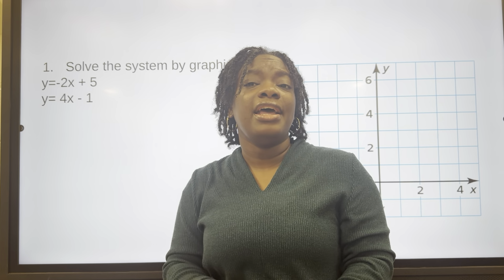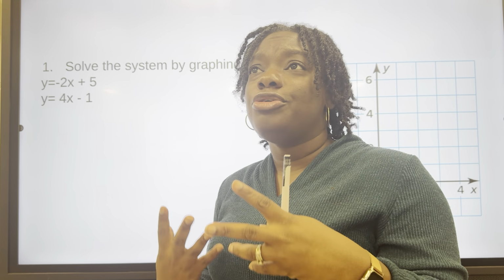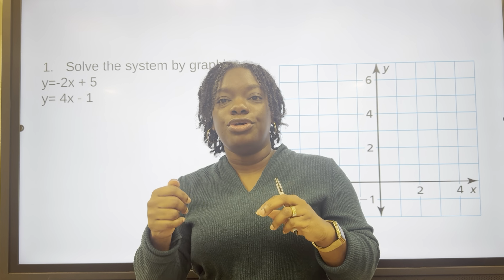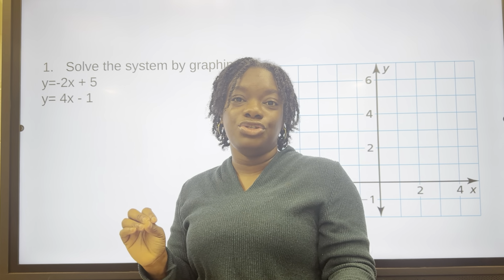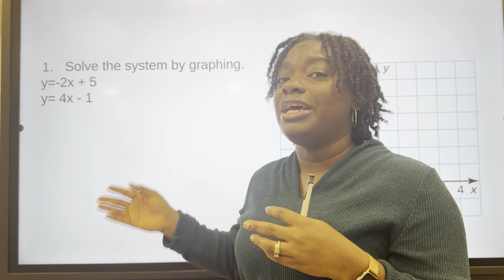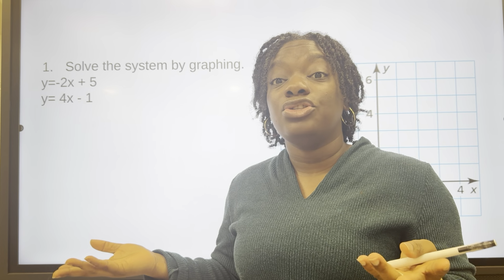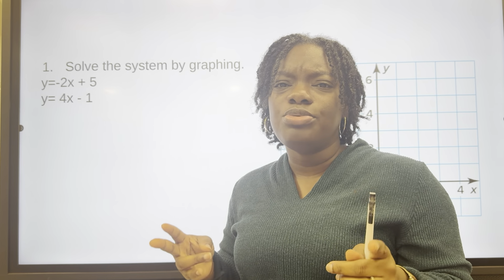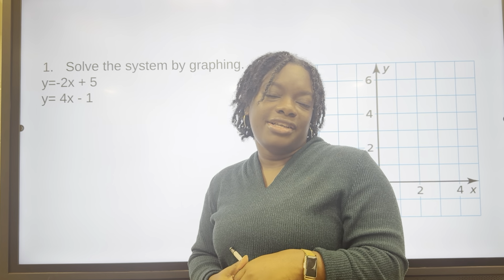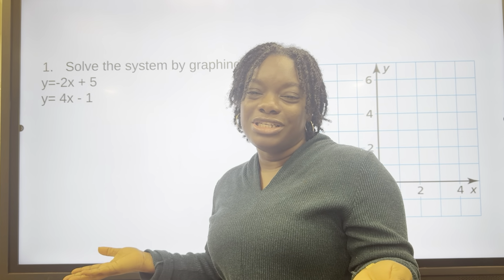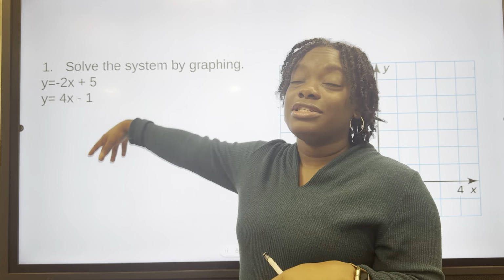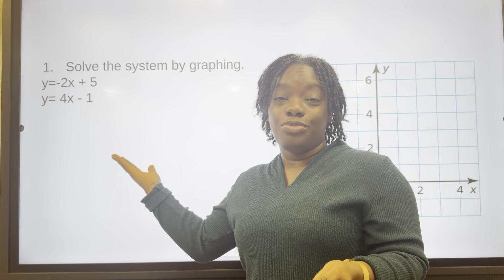I do recommend, however, if you're not graphing with technology, that you use the table of values so that you get more than 2 points. All you really need is 2 points to do the graph, but to make it more accurate, I suggest a table of values. For this method, we're going to use the slope intercept form.